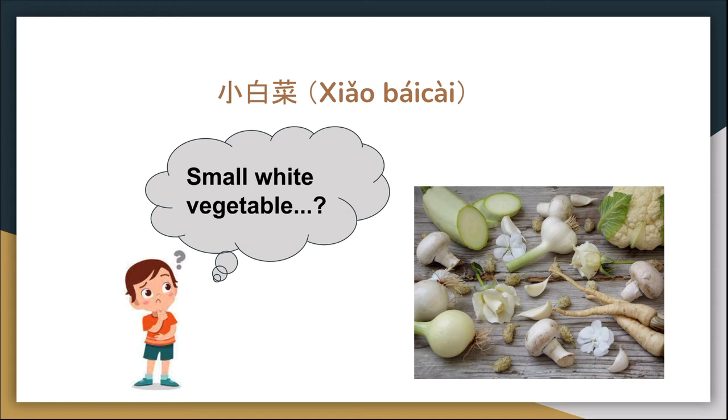However, it is the name of a vegetable and not just any small white vegetable. This is a popular Chinese vegetable, so if you like Chinese food, you must have seen this vegetable in a Chinese restaurant. Can you guess what small white vegetable would be? Try to think of any Chinese vegetable that has similar pronunciation as 小白菜.